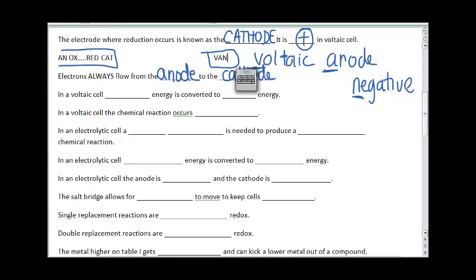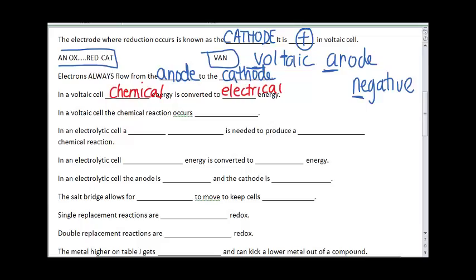Let's switch colors. You have to know some of the differences about voltaic and electrolytic cells. So in a voltaic cell, chemical energy is converted into electricity or electrical energy. Right? This is a battery.